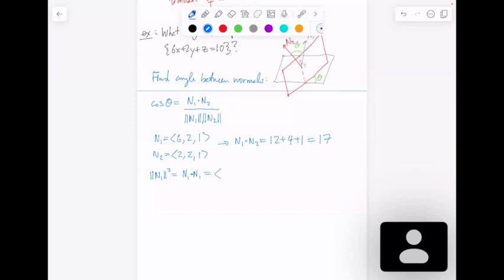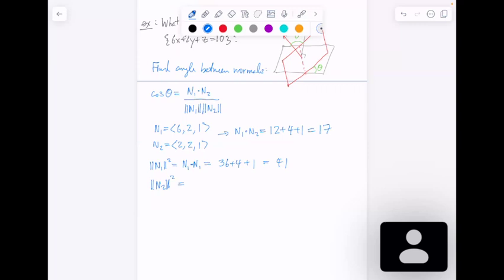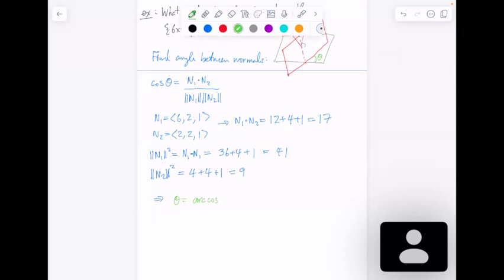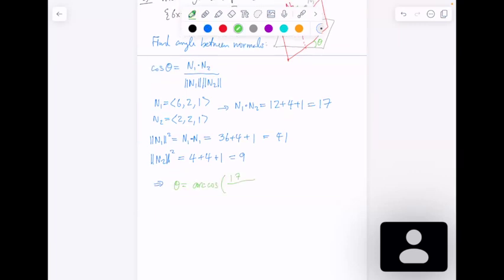In this case, it's 36 plus 4 plus 1, 41, and for n2, 4 plus 4 plus 1, 9. So theta is the inverse cosine of 17 over, well, root 9 is 3 and root 41 is God knows what. So there you go, that's your exact answer here.